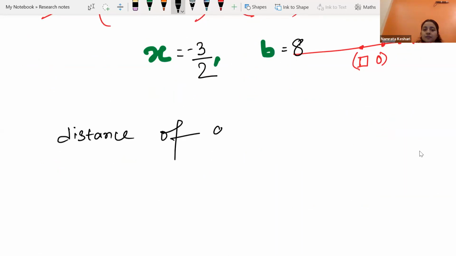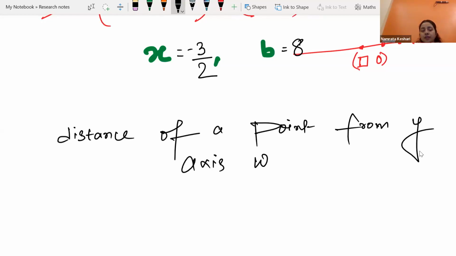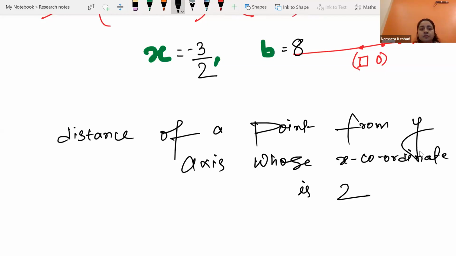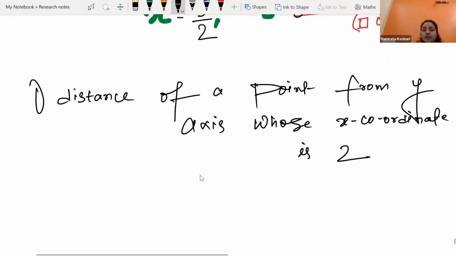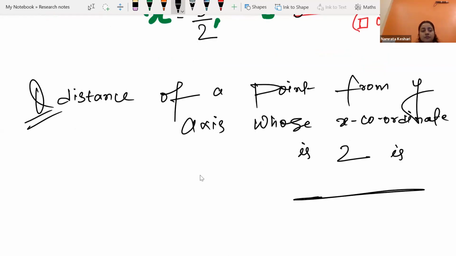Now, the distance of a point from the y-axis whose x coordinate is 2 is? Ma'am, 2 units.